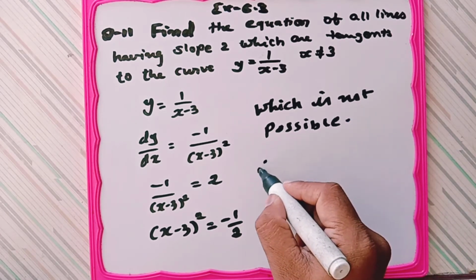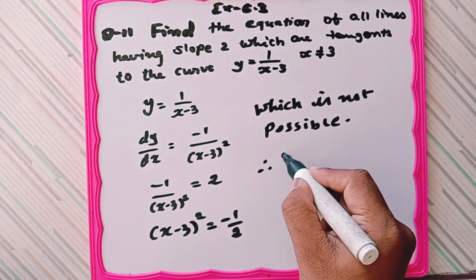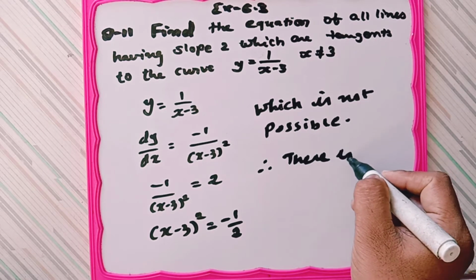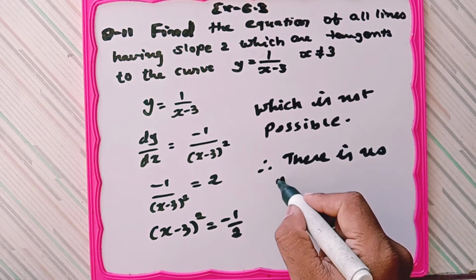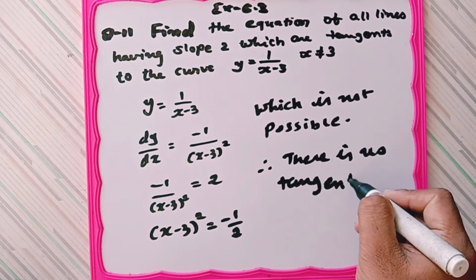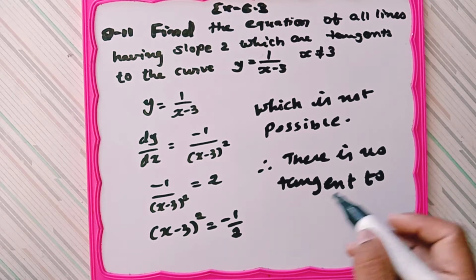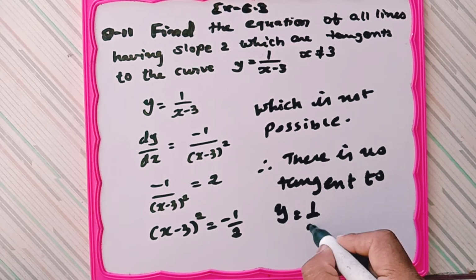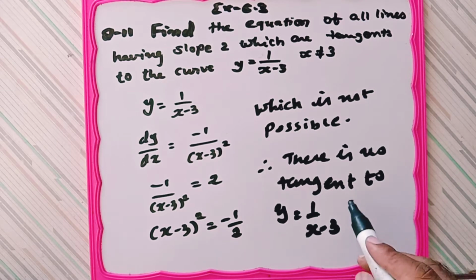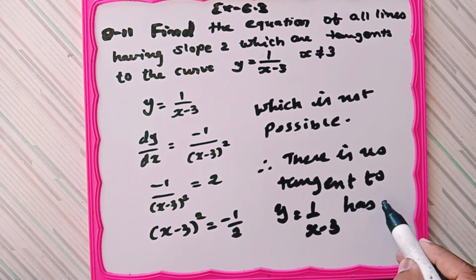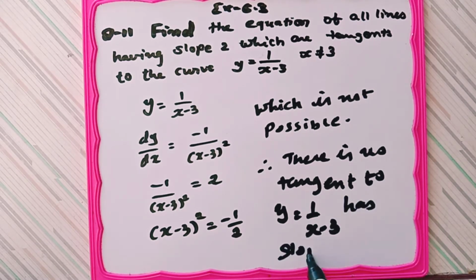And therefore there is no tangent to the curve y equals 1 upon x minus 3 that has slope 2.